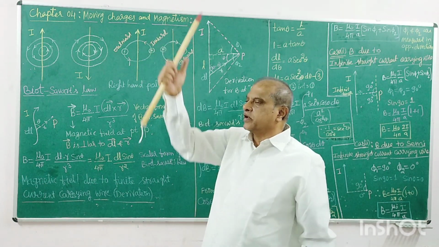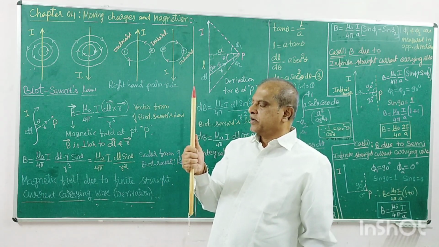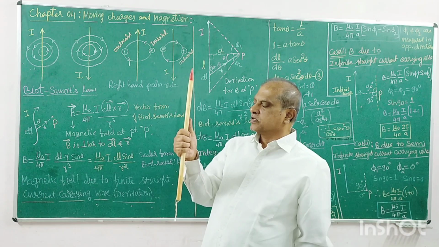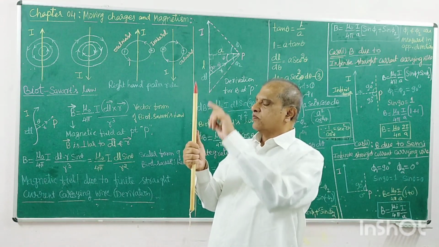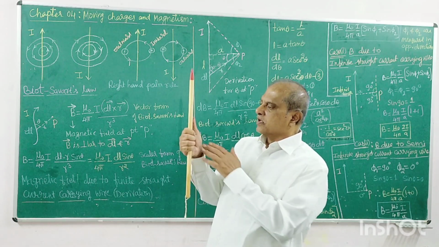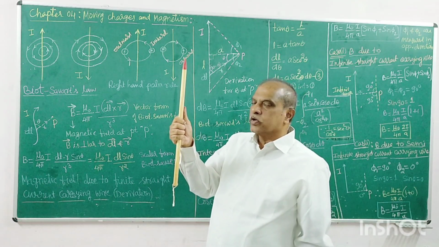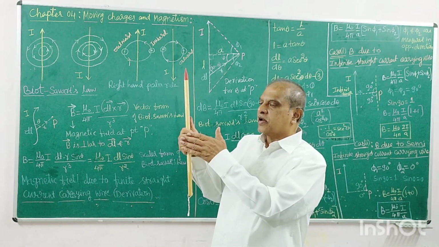Palm means right hand. You have to hold the conductor in the right hand with a palm like this. The thumb shows the direction of the current, and these fingers encircling the conductor show the direction of the magnetic field, the direction of the magnetic lines of force.